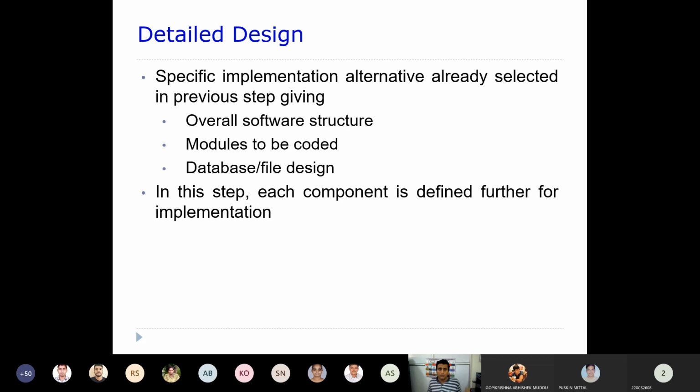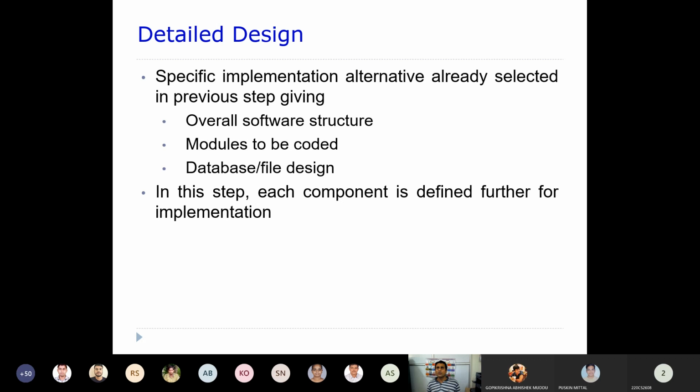As part of any detailed design, we go very specific, with implementation alternatives already selected in the previous step, giving the overall software structure chart, right? The software architecture we have seen in the previous phase, where there are a certain number of modules. Now, as part of detailed design, you provide the specifications or implementation details in a very detailed way, so that these modules can be directly coded.